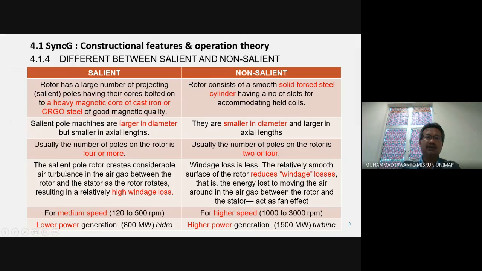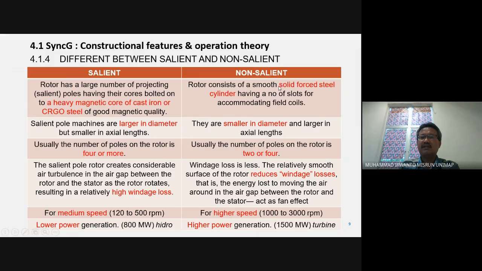Okay, and then the difference: the salient pole rotor creates considerable air turbulence in the air gap between the rotor and stator as the rotor rotates, resulting in relatively high windage losses. Meaning we can see in the salient pole, like this one, there is empty space, so there is potential for air, and then the air losses will be increased.